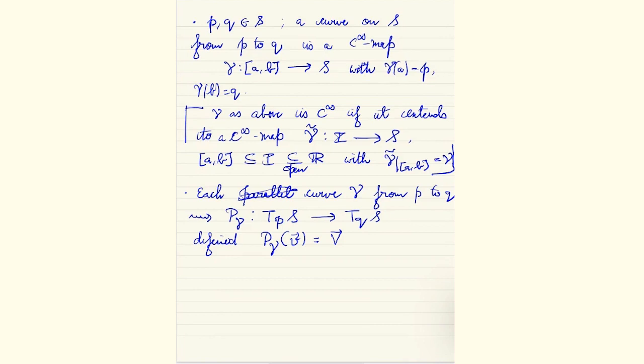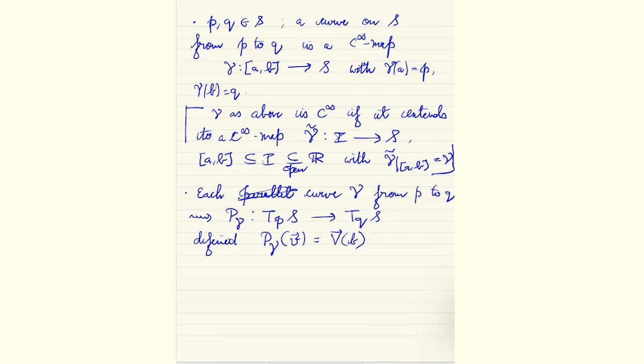Because of uniqueness, you can define this map. There is only one V which does the job, and its value at b is what will give you Q. Uniqueness is what guarantees that it's a map at all, so you have well-definedness.